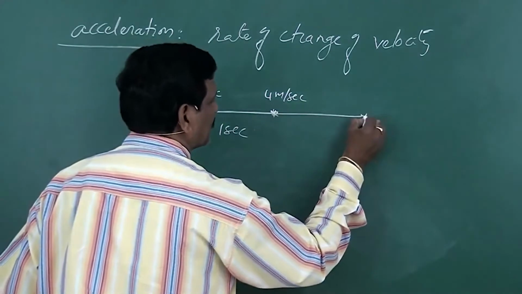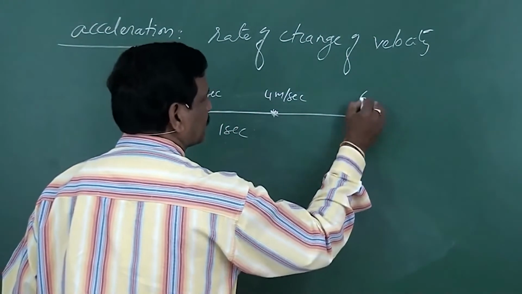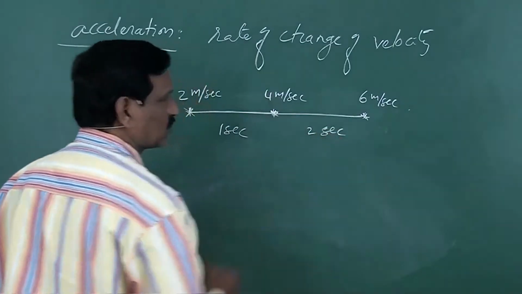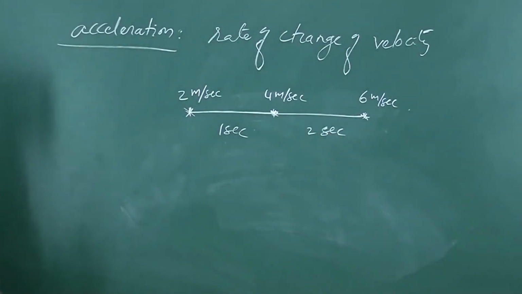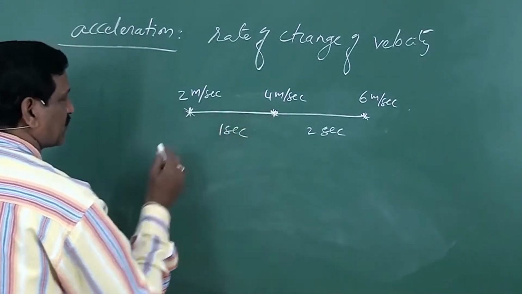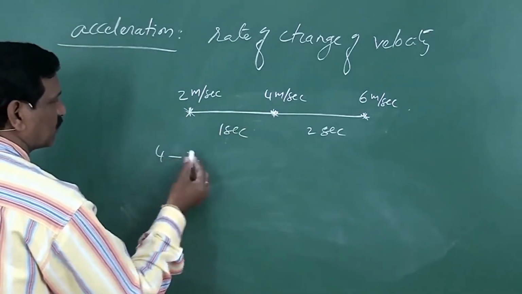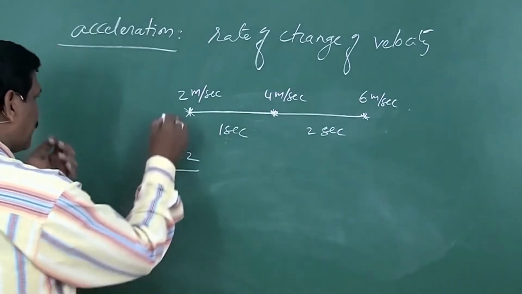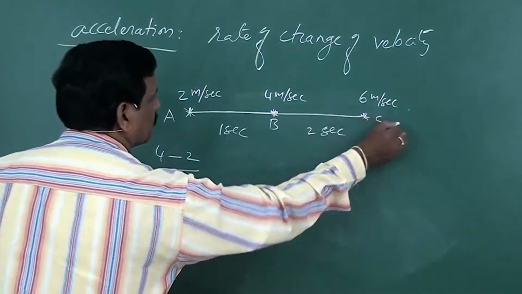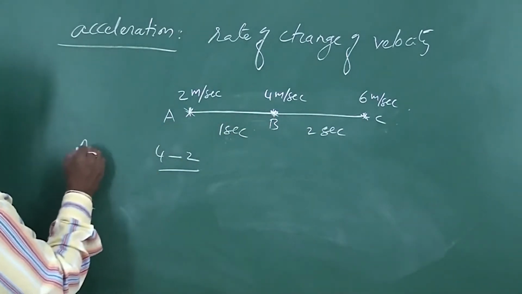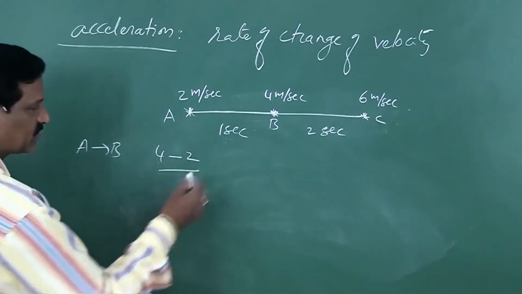Then after that it acquires a velocity of 6 meter per second after 2 seconds. So here the change in velocity in the first second is 4 minus 2. Between A and B, the change in velocity is 4 minus 2, that is 2.